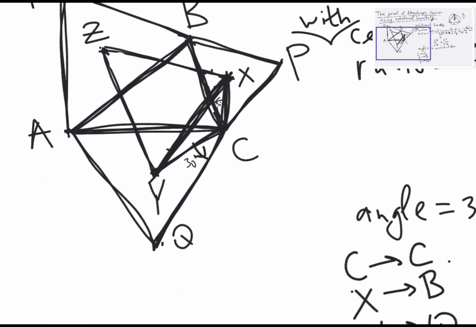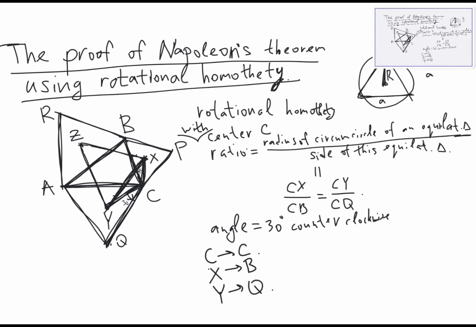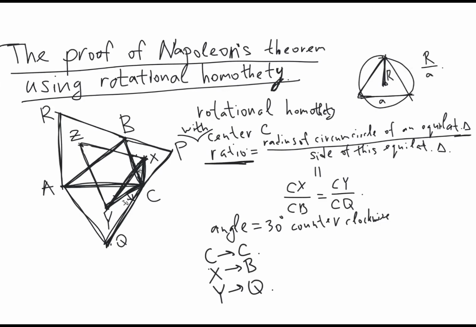This angle is also 30 degrees, and so the line Cy is mapped to the line Cq, and the ratio is chosen in such a way that not just the line Cy is mapped to Cq, but Y itself.